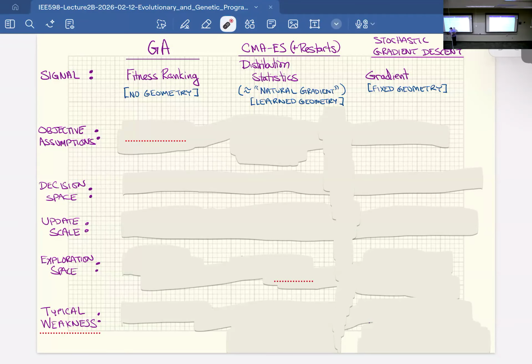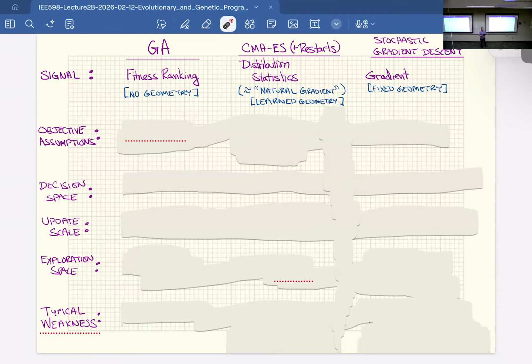If I need to make a choice about where to move, then it'd be useful to know whether that's uphill or downhill. So you're right that globally, I don't know that there's a peak way over there. So that's why none of these, even when you have fixed geometry, can be guaranteed to converge to a global peak. And that's kind of one of the points here, that all of the strengths you get out of gradient descent are only very local strengths.